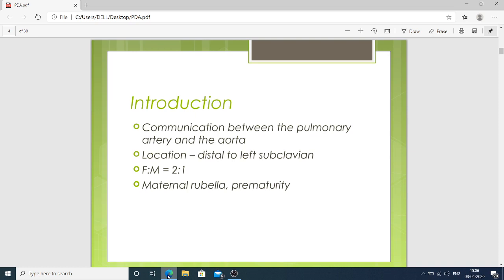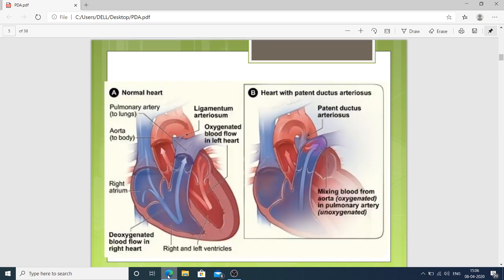Why prematurity? Because in premature babies the lungs are not mature. Then in this picture we can clearly see the normal heart, and it is different from the heart diagram with patent ductus arteriosus.